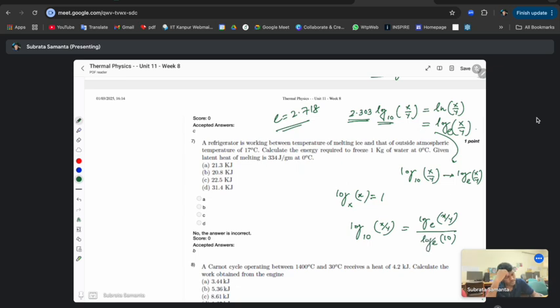Okay, so now what is the value of log e of 10? The value of log e of 10 is 2.303, right?